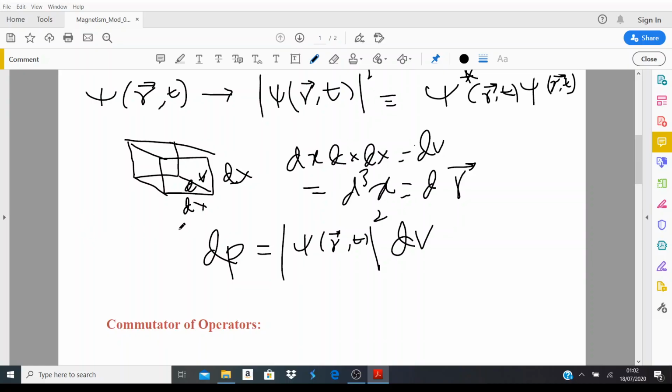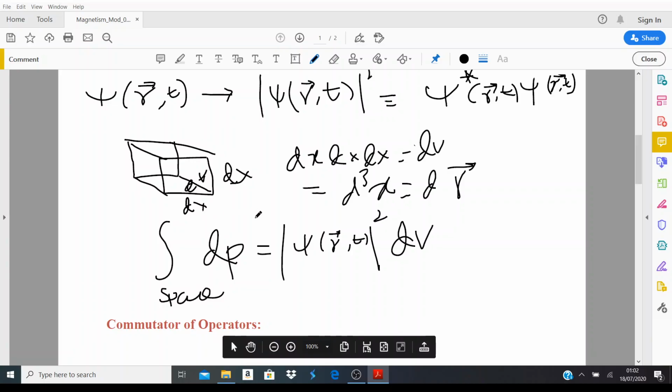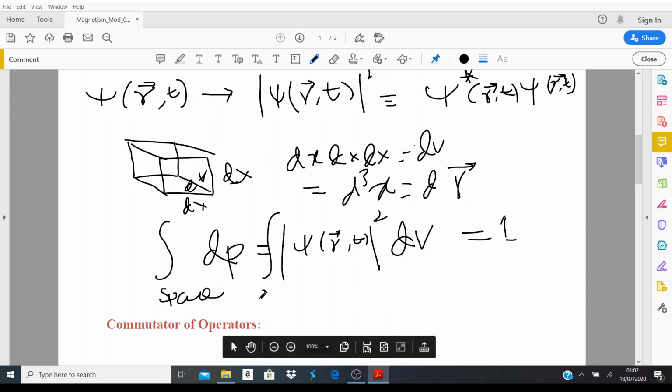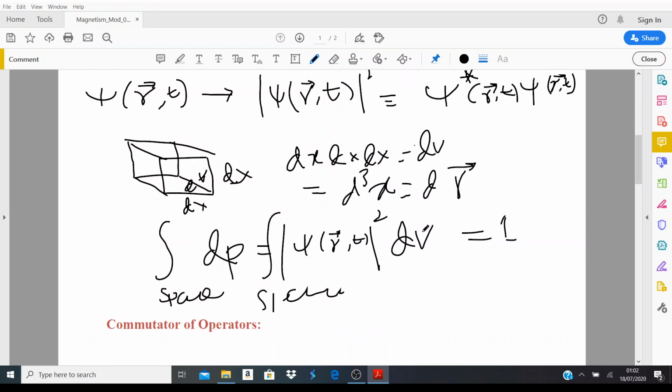So if you integrate this quantity over the whole space, all the probabilities need to be added up, and adding up all the probabilities must give you the number 1, right? This condition, that the modulus square of the wave function when integrated over the whole space should give you 1, is called the condition of normalization.